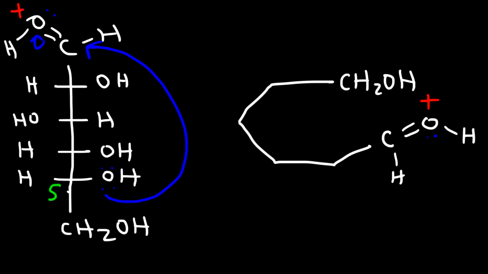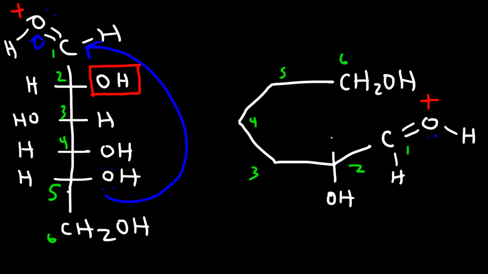Now, this is going to be carbon 1, and here we have carbon 2, 3, 4, 5, and 6. Now, carbon 2 has the OH group on the right side. So when converting that into its cyclic form, you need to put the OH group in the downward direction, which means H is going up. Now, for carbon 3, the OH group is on the left side.